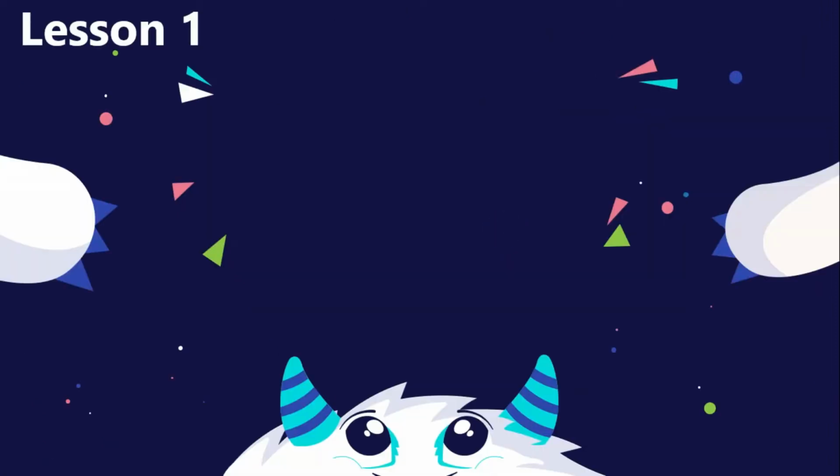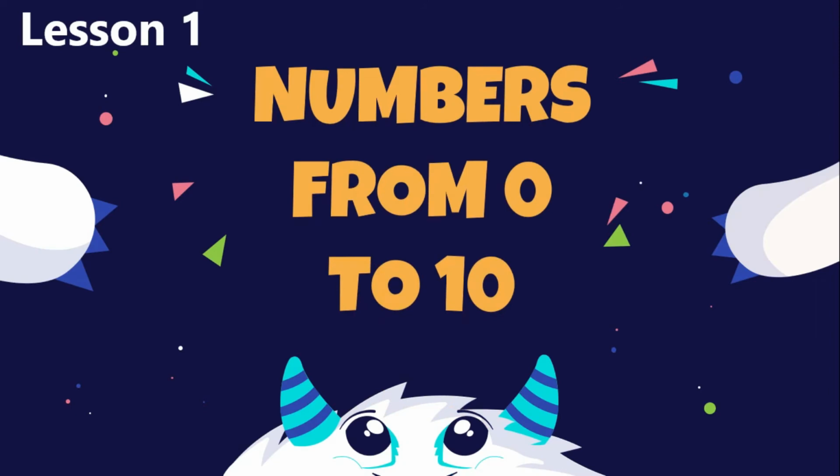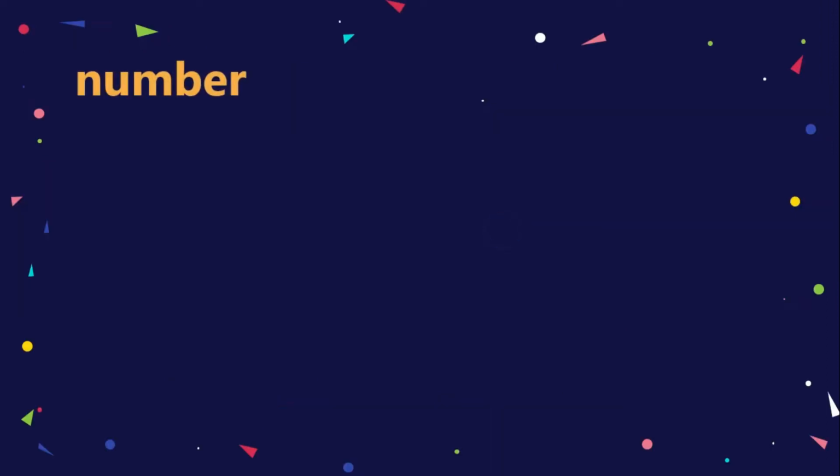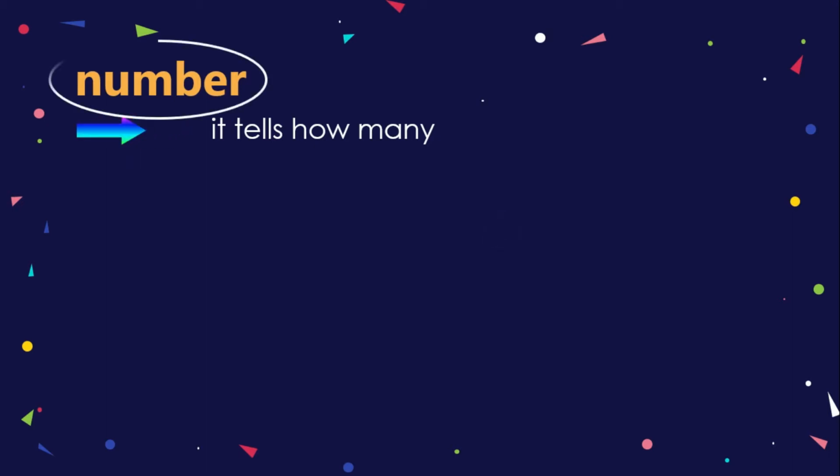We're going to count numbers from 0 to 10. But before that, let us check first what does a number mean. Ano ang ibig sabihin ng number? Number, it tells us how many. Ilan lahat. Nakuha? That's a number.